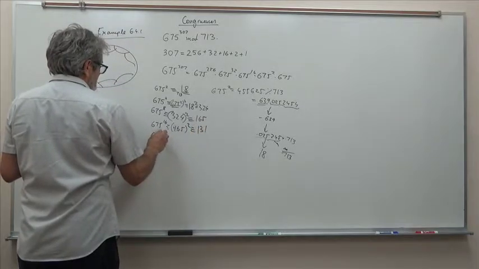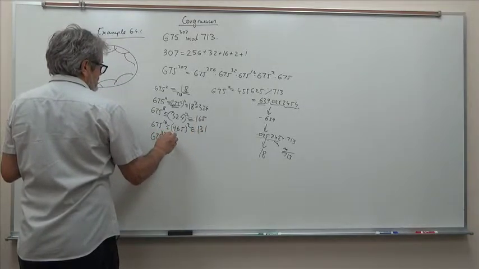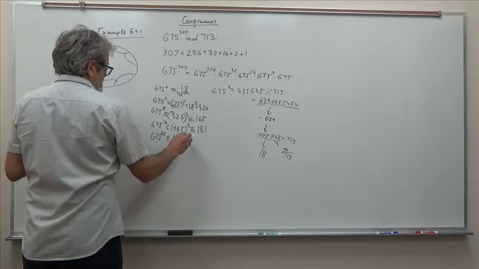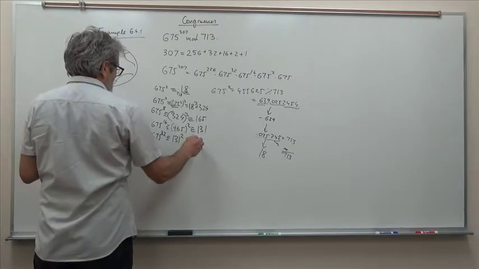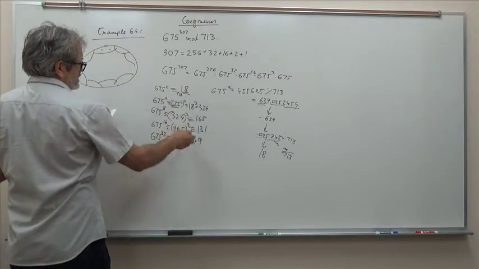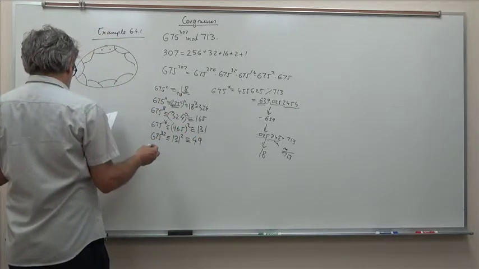Then 675 to the 32 would be 131 squared, and that's congruent to 49. I'm not writing the modulus, we all know that it's 713.